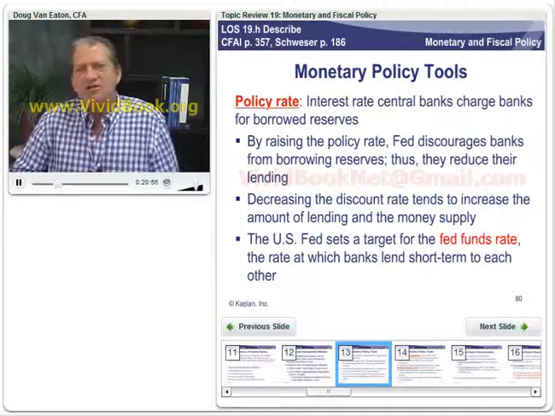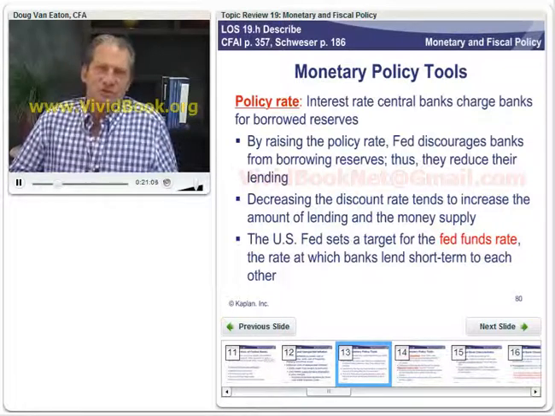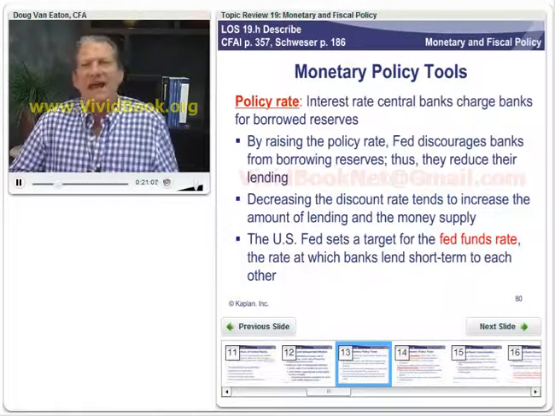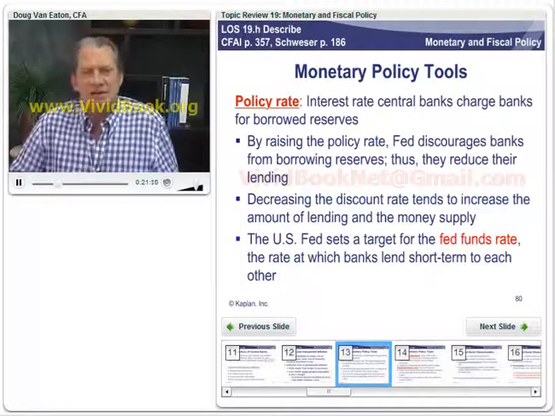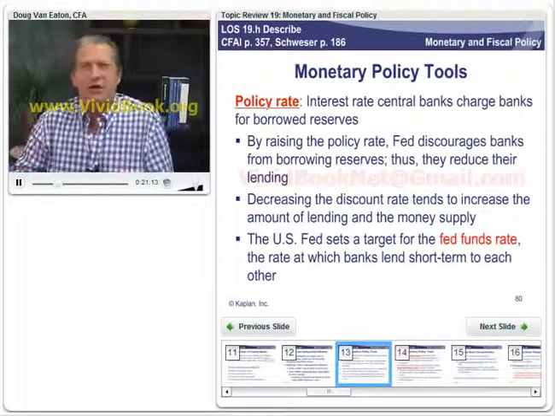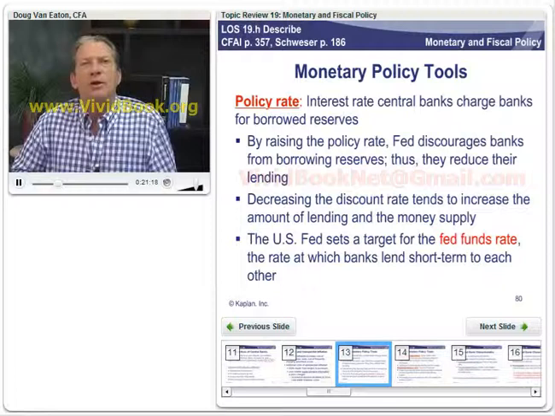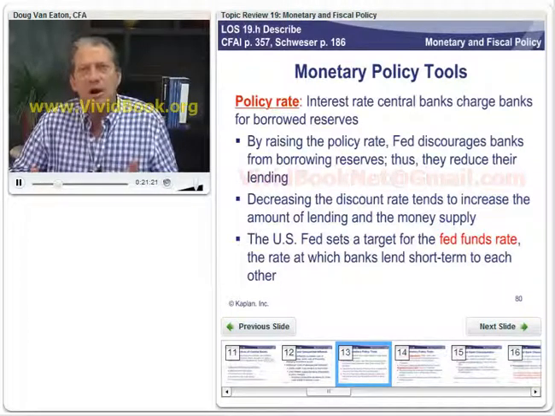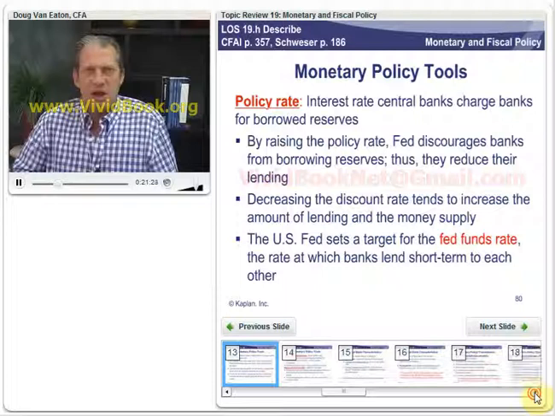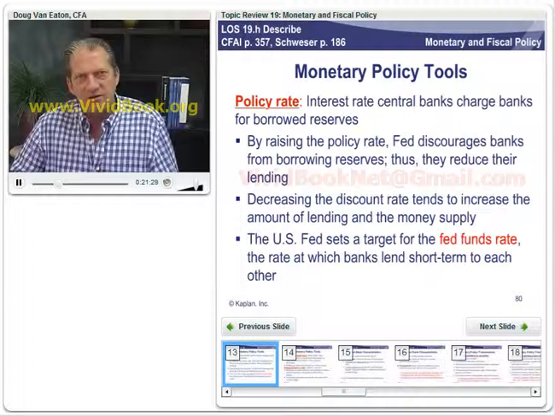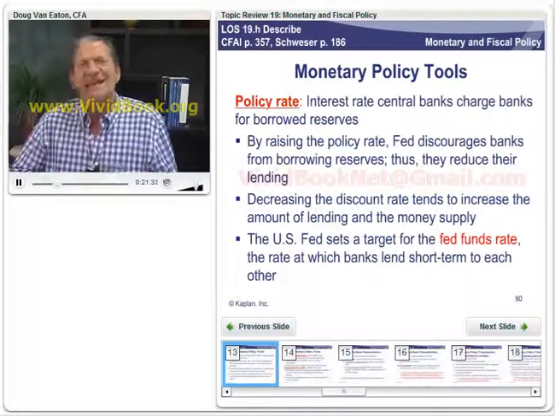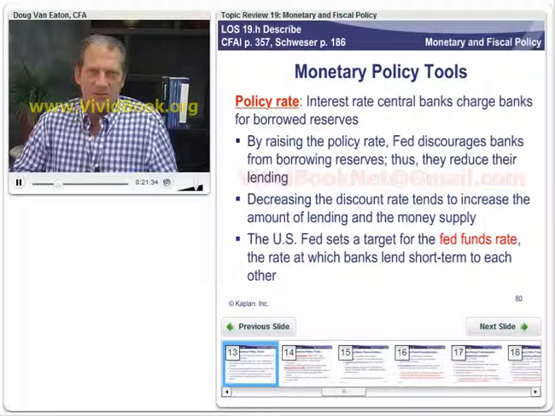And that's a market-determined rate, but the U.S. Federal Reserve can expand the money supply, increasing the reserves that banks are holding, and that encourages them to lend to other banks and brings this federal funds rate down. So this policy rate is a very short-term rate for borrowing by banks. So raising that policy rate discourages banks from borrowing reserves, makes reserves less plentiful and more expensive, and so that reduces lending and shrinks the money supply.